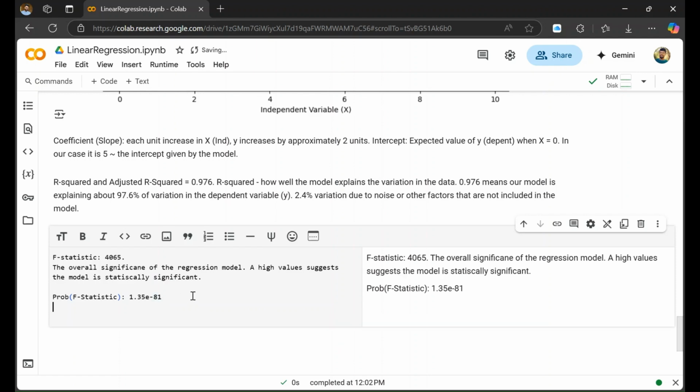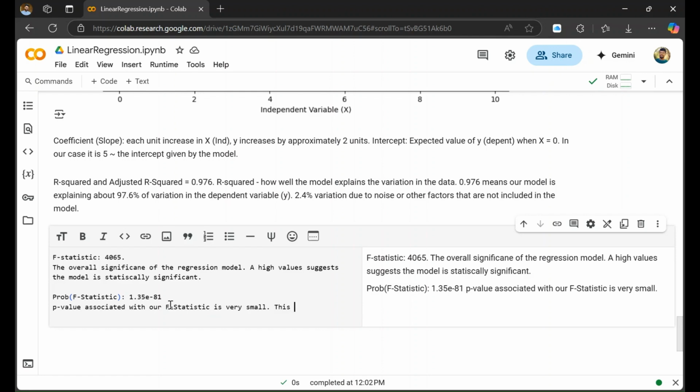And the p-value associated with our F statistic is very small.